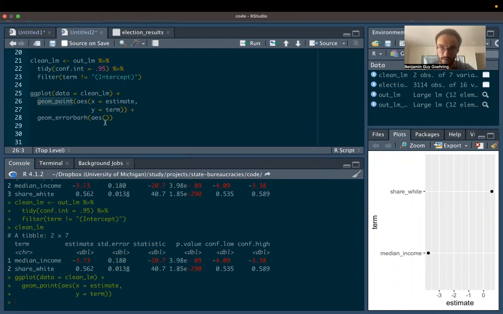Why are we doing that? We're doing that because the necessary aesthetics are going to be different across these two geoms.